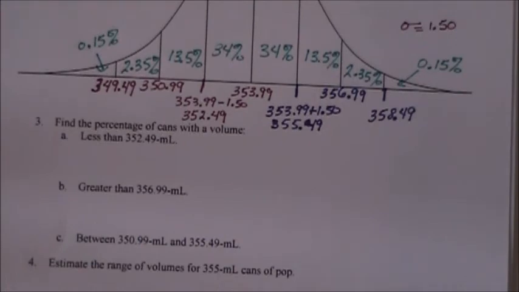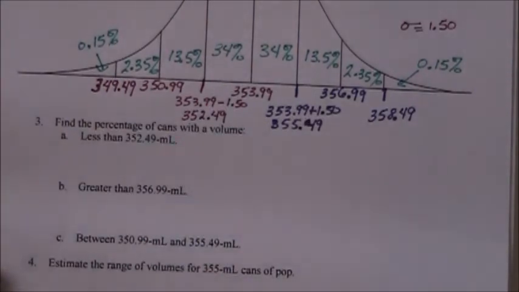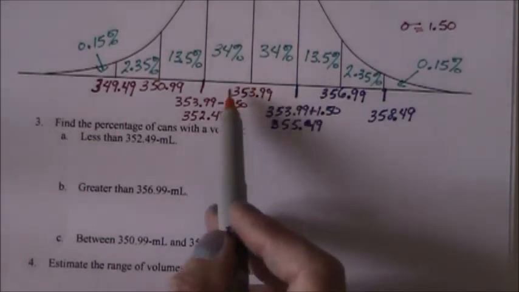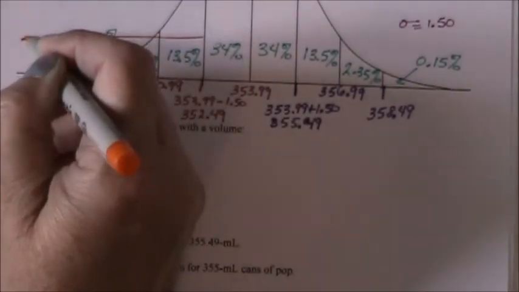So, question number 3 says, find the percentage of cans with the volume A is less than 352.49 milliliters. Here's our 352.49. It was less than that. So we want to go, less is where the values are getting smaller. So if we look at our 352.49, this is bigger, this is smaller, so less is going to be that direction.